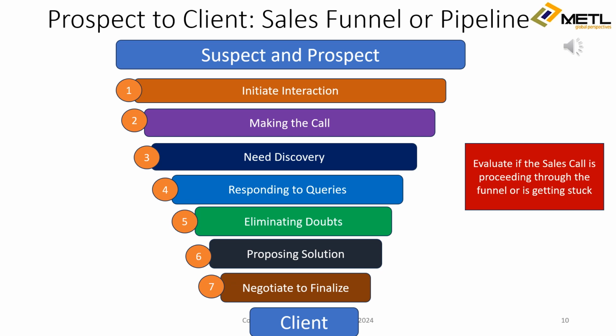So, as a good salesperson, you should have a number in your mind, based on your experience or your manager's guidance, that if I start with 100 prospects, I might be able to close 12 clients. Or if I need 17 clients to be able to make my deal, I need to have 134 prospects in my pipeline and at various stages of the sales call.